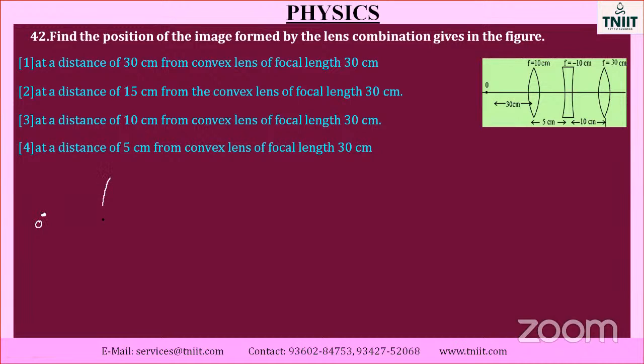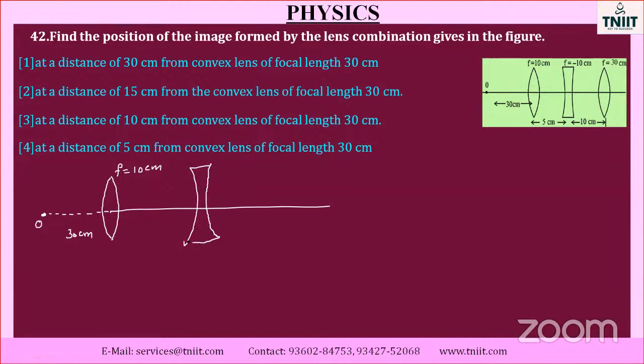This lens has a focal length F of 10 centimeter. This is at a distance of 30 centimeter. And here I'm going to place one concave lens. The focal length of this concave lens is minus 10 centimeter.